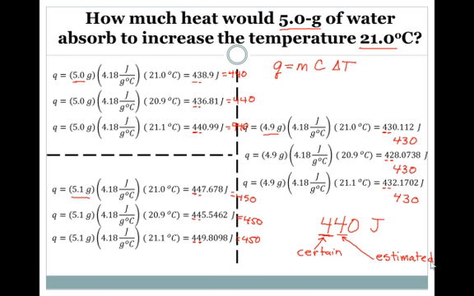Now, when I have to do calculations in science, I certainly do not want to have to do all these permutations. So in order to make it easier on us, we use the rules for significant figures.